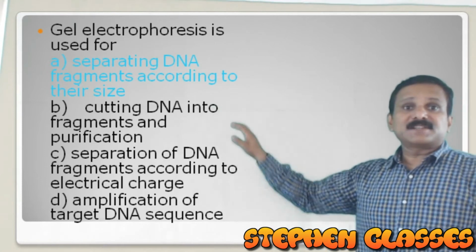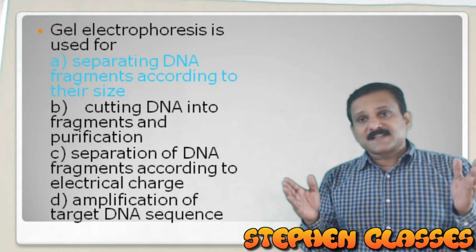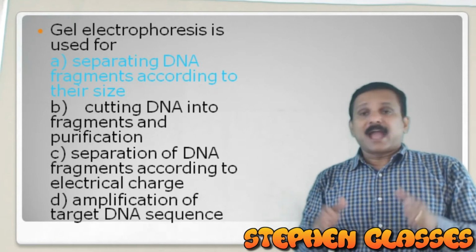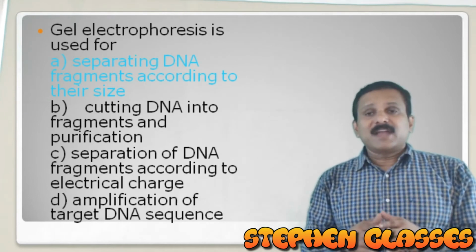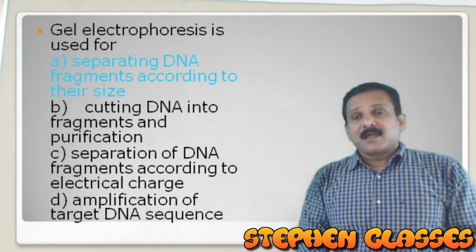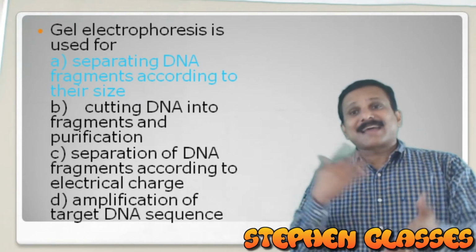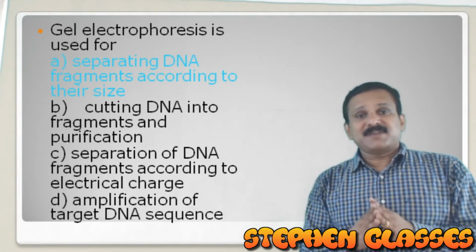What about the other options? Cutting DNA fragments and purification: as you know, there is a step called elution, in which we use ethidium bromide, which will color the DNA, and using UV rays you can extract the DNA from the gel piece.